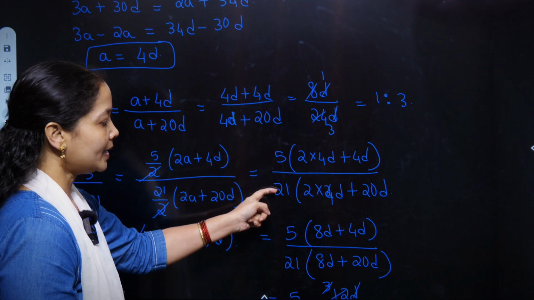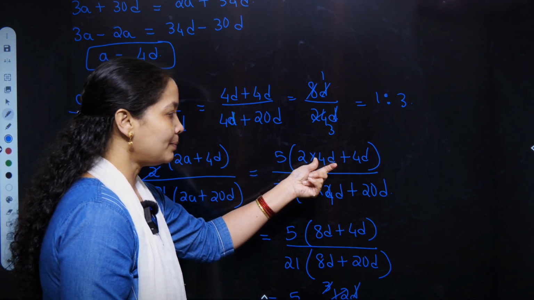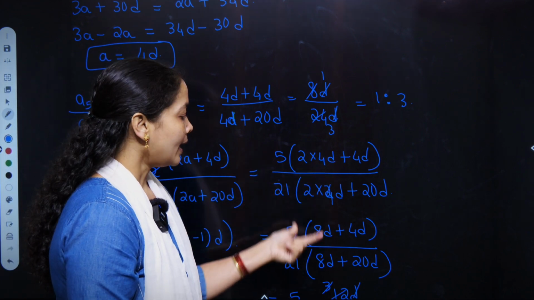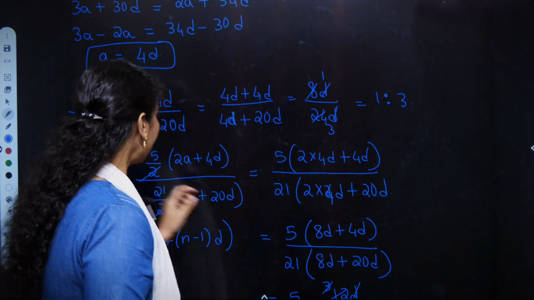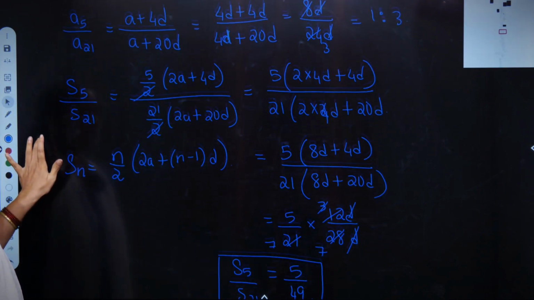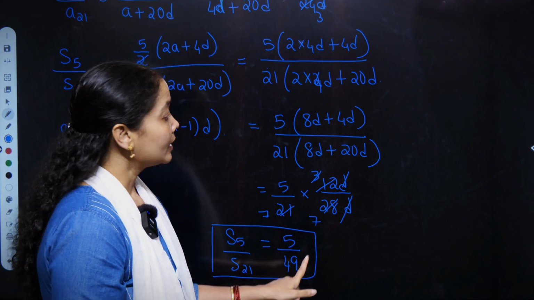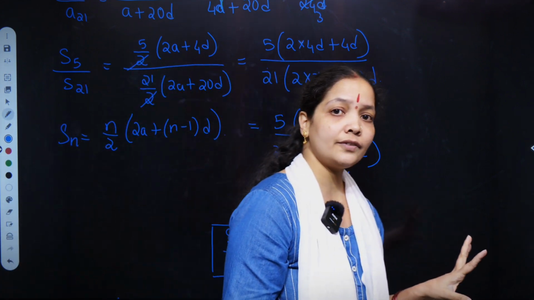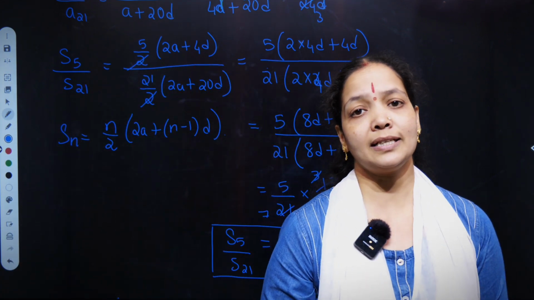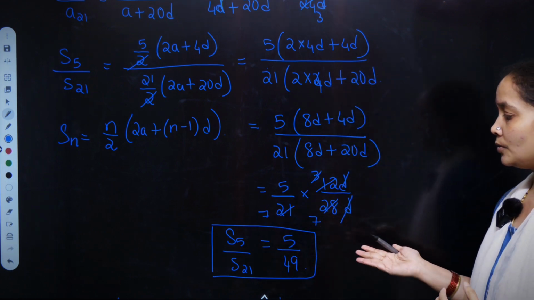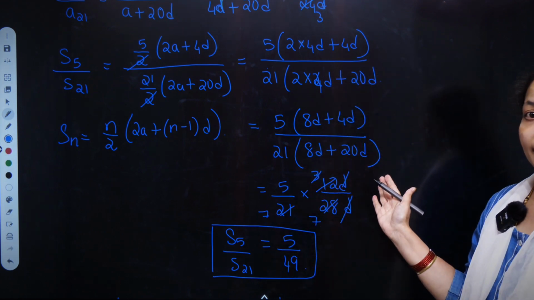I am left with 5 by 21, substituting 4D in the place of A. And whenever I am simplifying it, I am getting the final S5 by S21 ratio as 5 by 49. The simplification here, which is cancelling out the D's as well as certain numbers, can be seen on the board here.